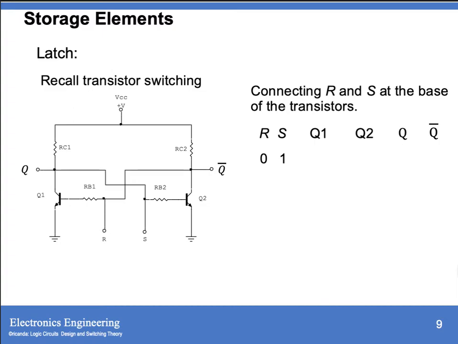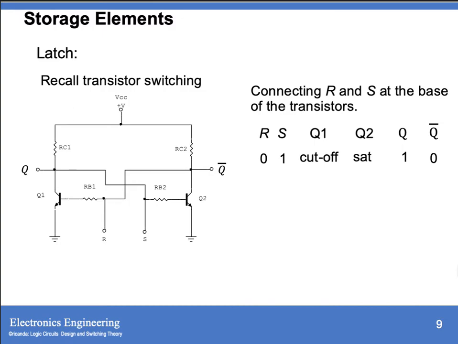So since S is connected to VCC and it is connected to the base of transistor 2, therefore transistor 2 will saturate. And since the base of your transistor 1 is connected to the ground, it is cut off. If Q2 is in saturation state and Q1 is in cut-off state, therefore Q is equivalent to 1 and Q bar is equivalent to 0.